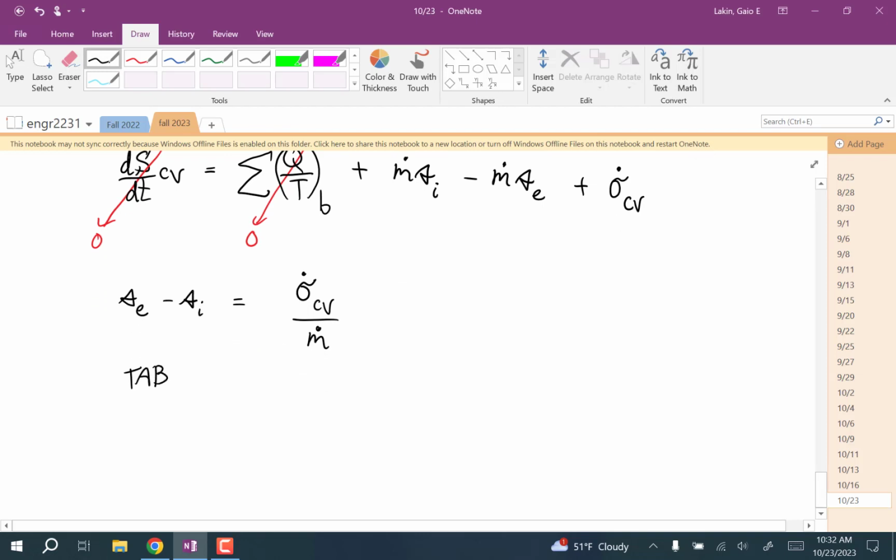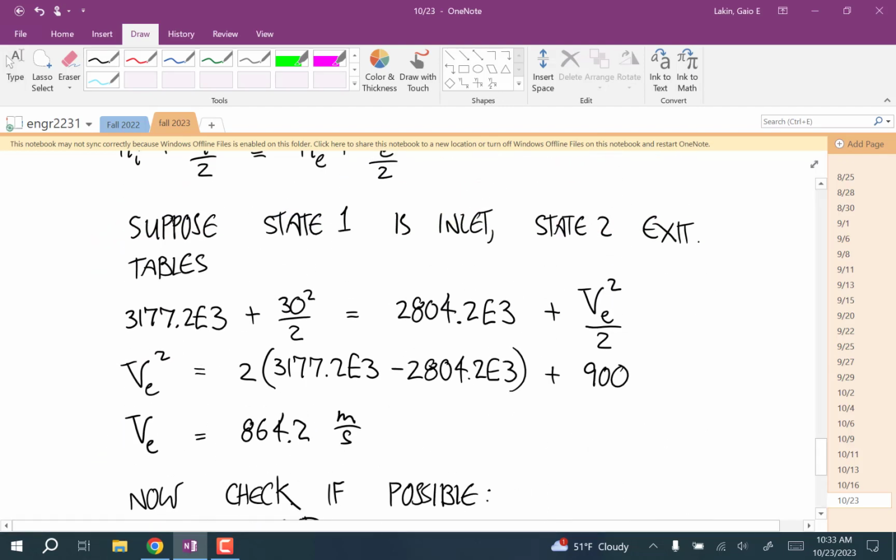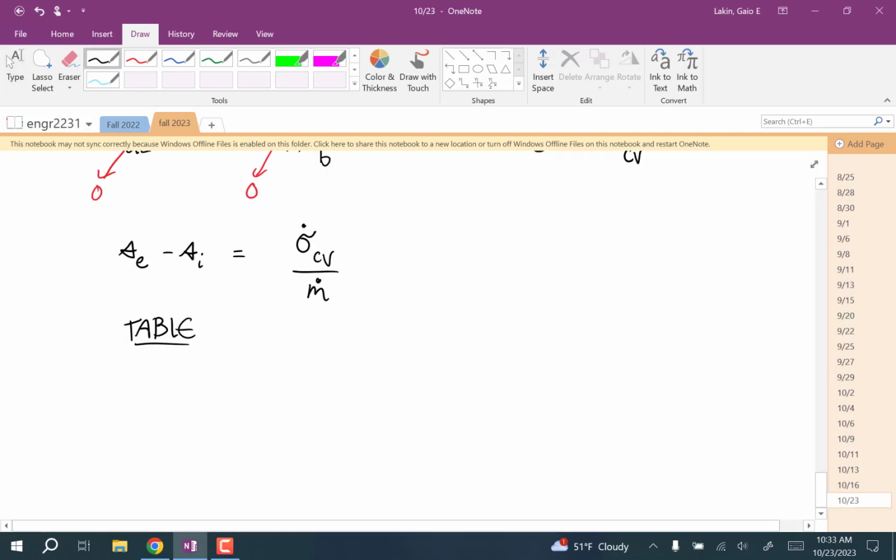Again, we can just go to the table with this. So our SE is 6.838 times 10 to the third. Our SI is 6.187 times 10 to the third, which is greater than 0.